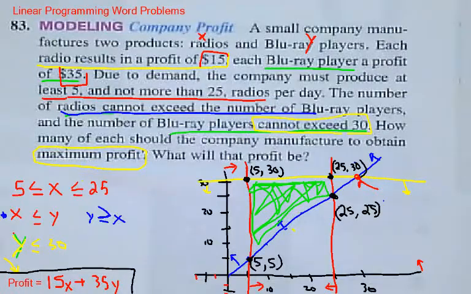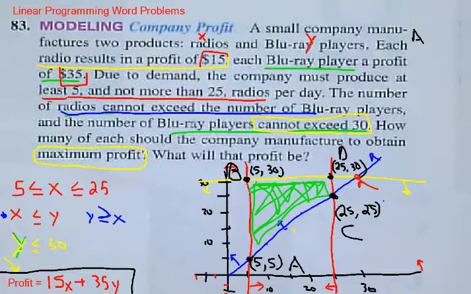So let's label these. I'm going to say this one's point A, and this one is point B, and this one's point C, and this one's point D. Okay? So we'll write our little table right here so we don't run out of room.